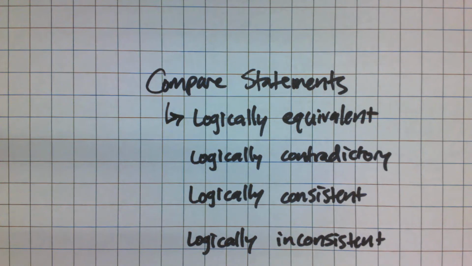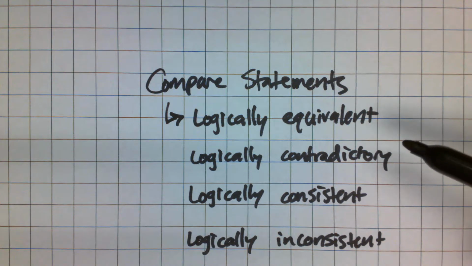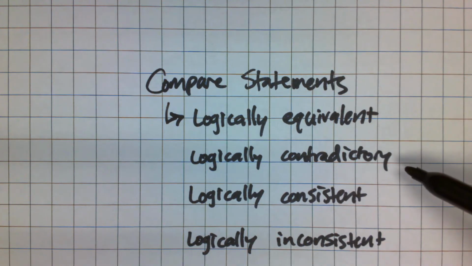Two statements are going to be logically equivalent if they have the same truth values in every possible world when we do a truth table for both of them. So in a world where one is true, the other is true, and in a world where one is false, the other is false. Two statements are going to be logically contradictory if they have opposite truth values in every possible world.